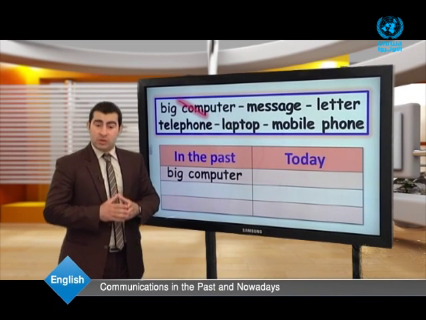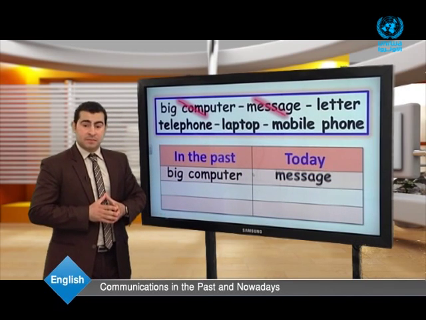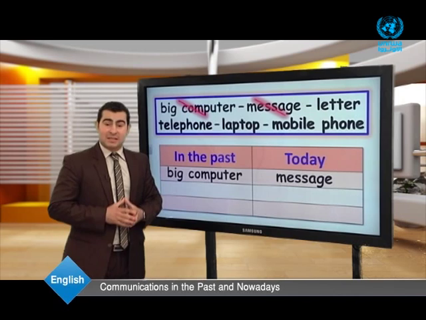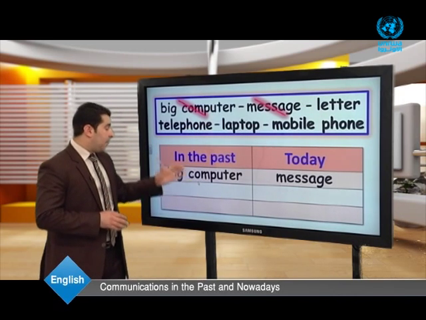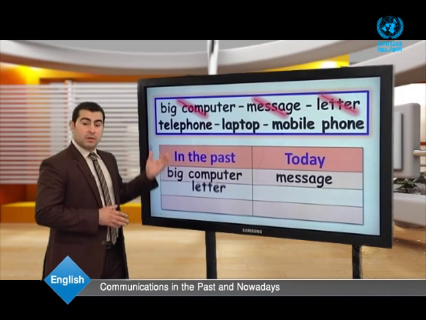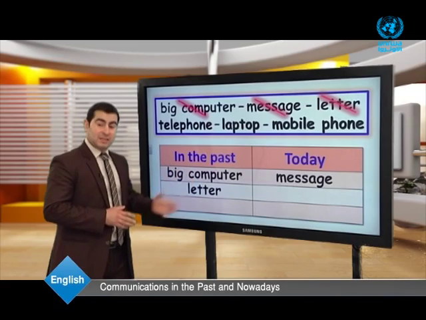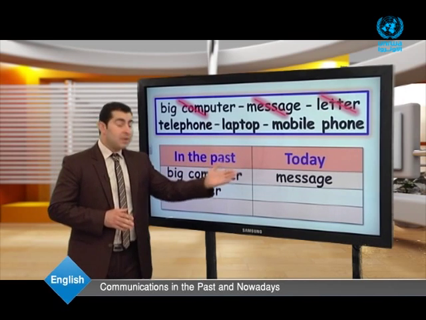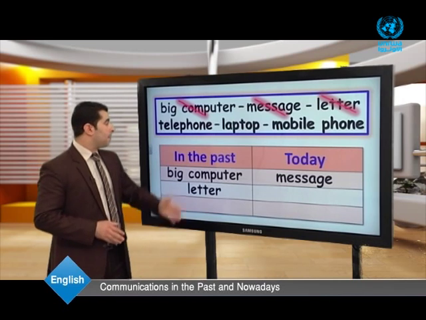Of course, you will say it is today. Now let's move to letter. It was, of course, in the past. So, in the past, we had big computers and letters. Today we have message.